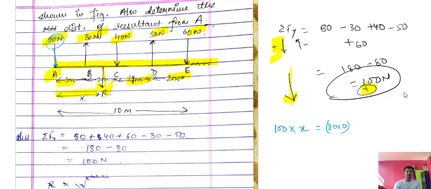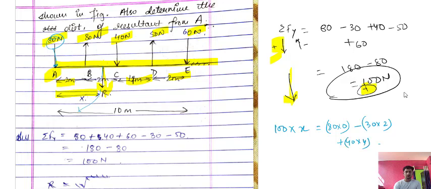Now we take clockwise as positive, so for 30 it will be minus 30 into 2, and 40 will be plus 40 into 4.